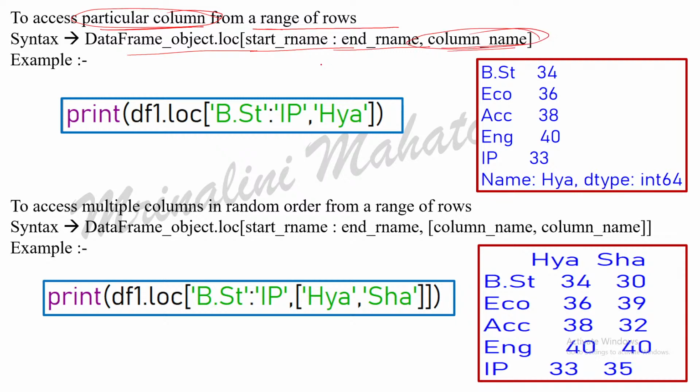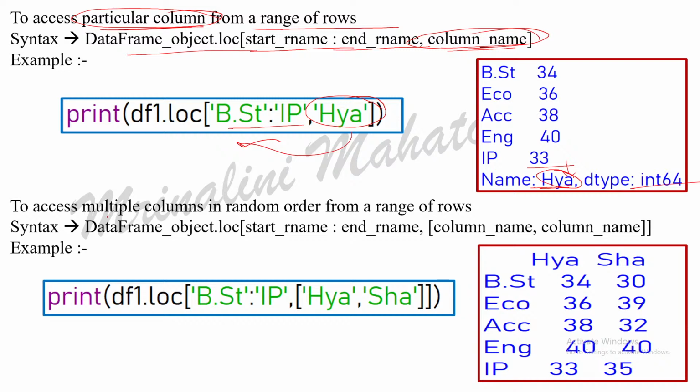Just like BST to IP, I want the highest marks. BST to IP also will come with the highest marks because it is one column. That is why the name will come at the bottom, data type integer.